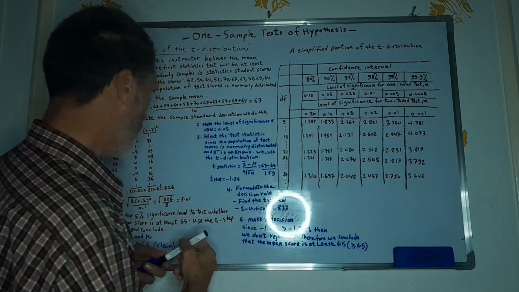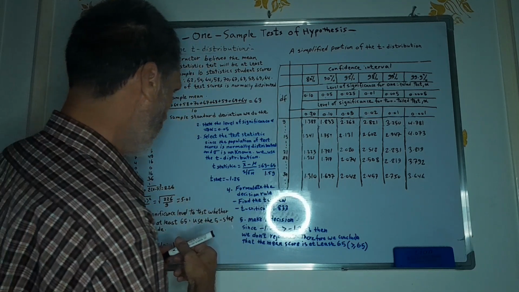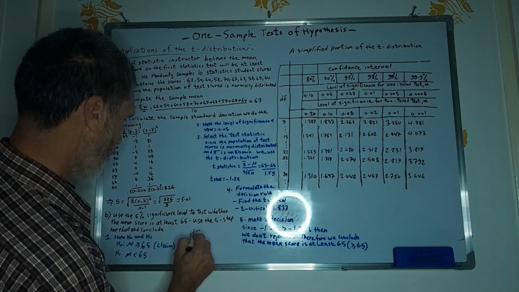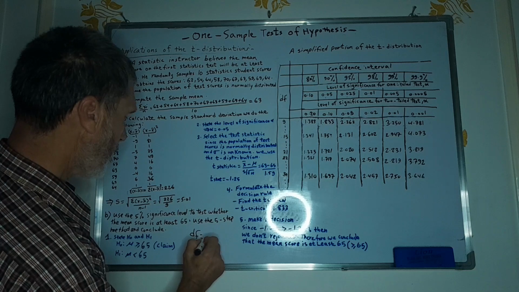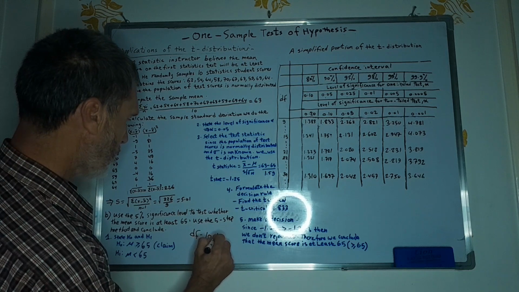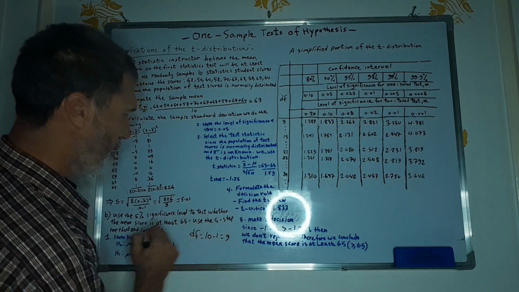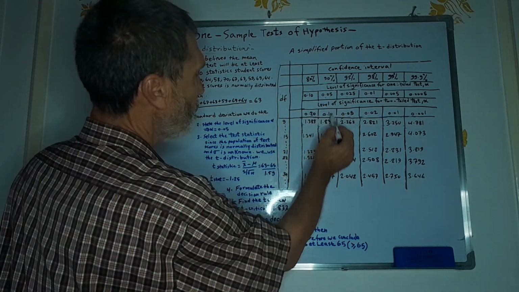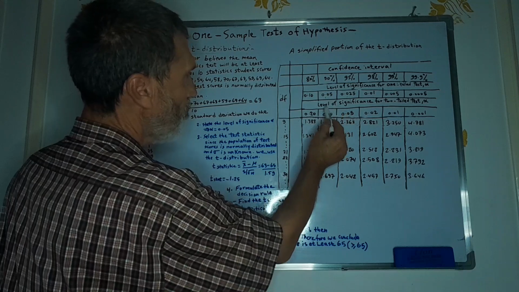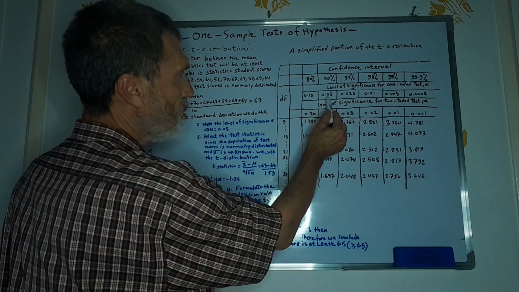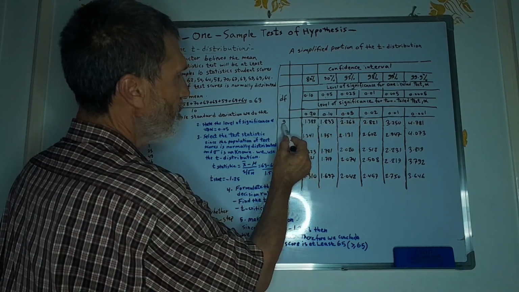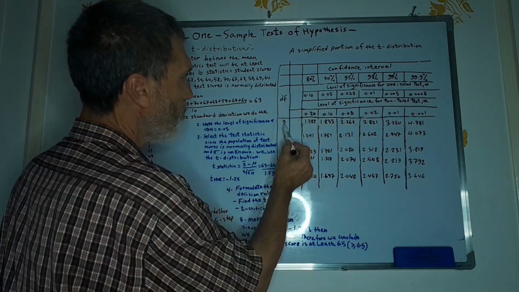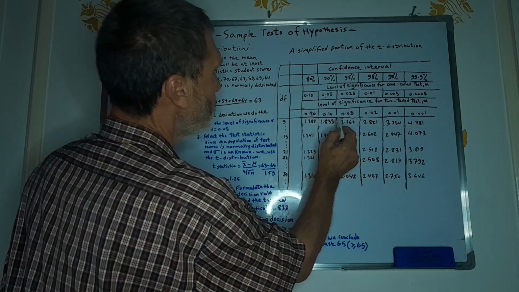Remember, the degrees of freedom here is 10 minus 1, equal to 9. The intersection of the column for the level of significance 0.05 and the row for degrees of freedom 9, we come up over here.